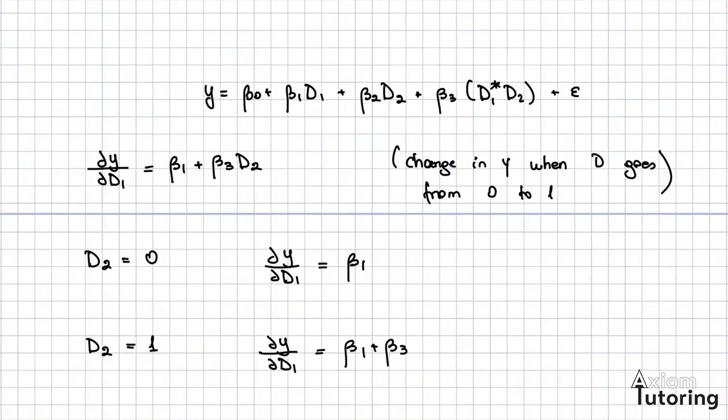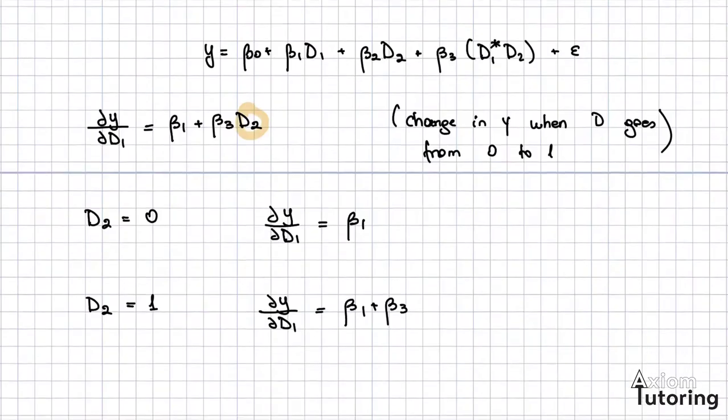Okay? So in here, the effect of d1 depends on d2. And the difference between the two effects, because you only have 0 and 1 as values for d2, is simply beta 3.